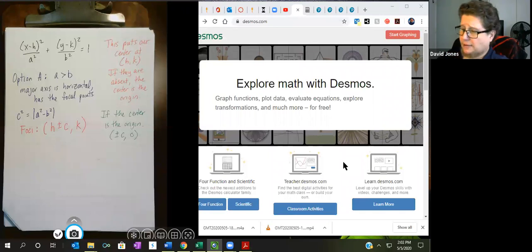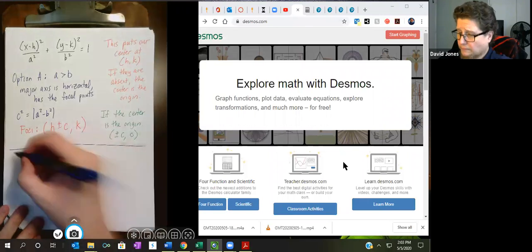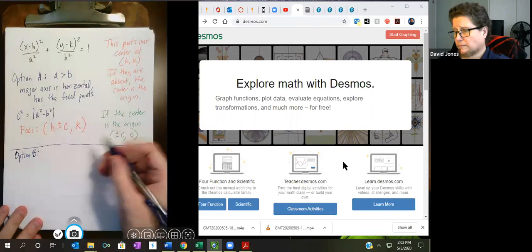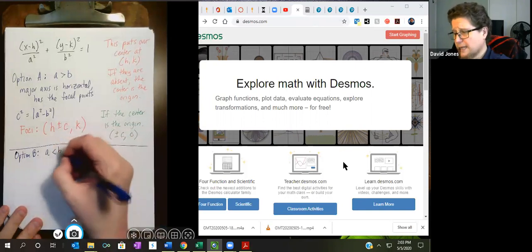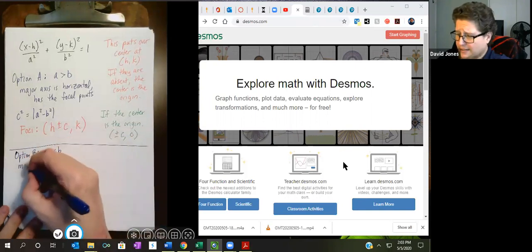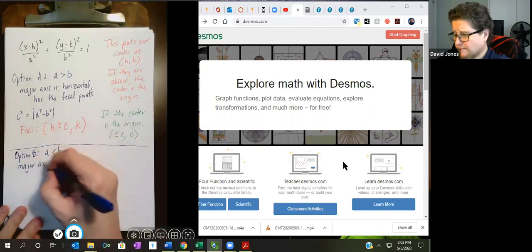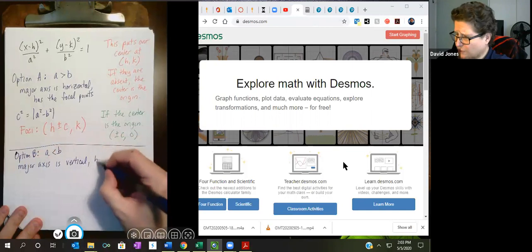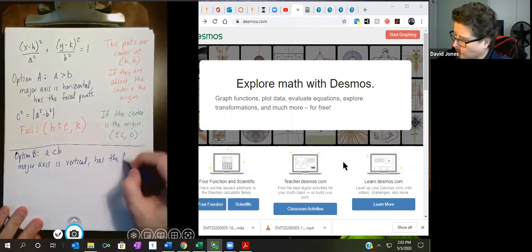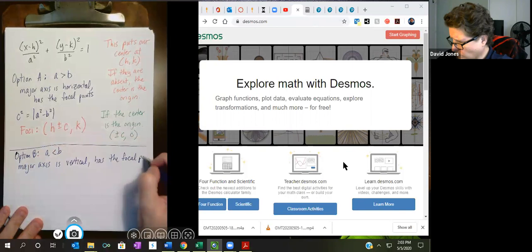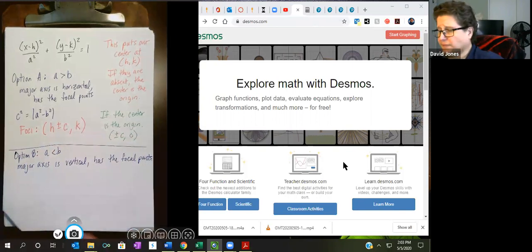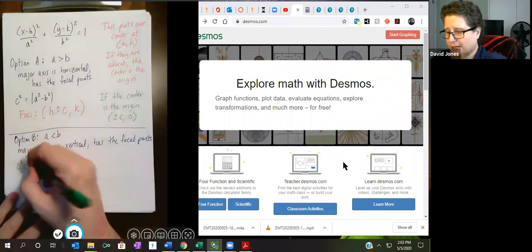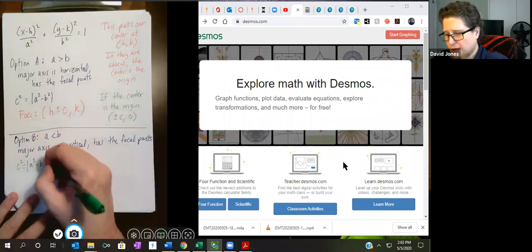Option B, A was less than B, the major axis is vertical, and has the focal points. Again, c squared is the absolute value of a squared minus b squared.